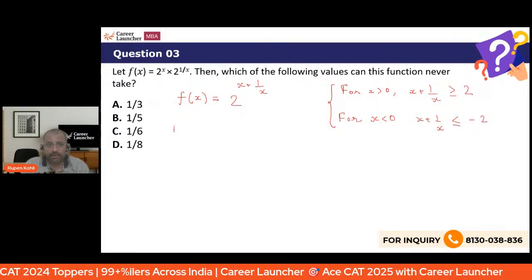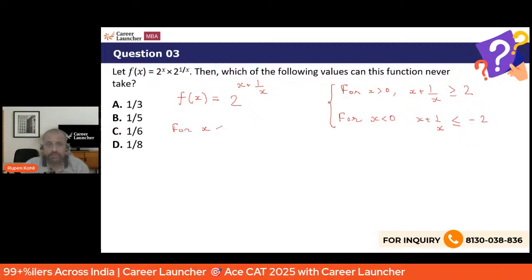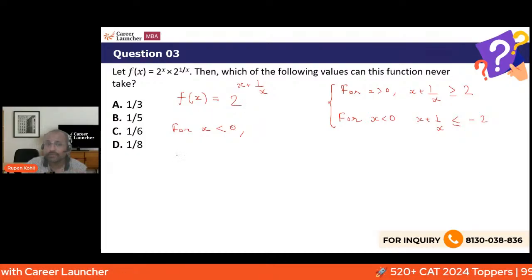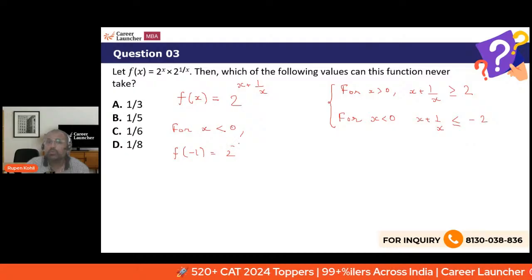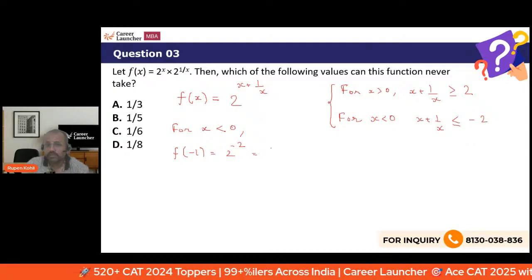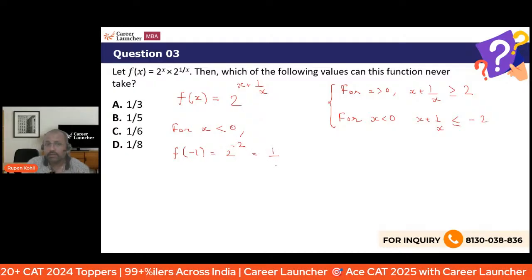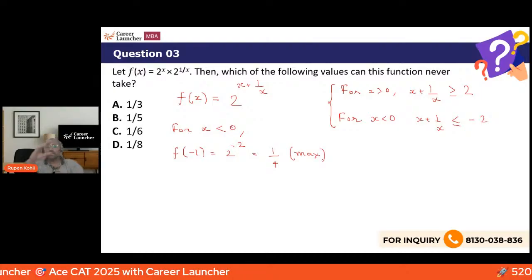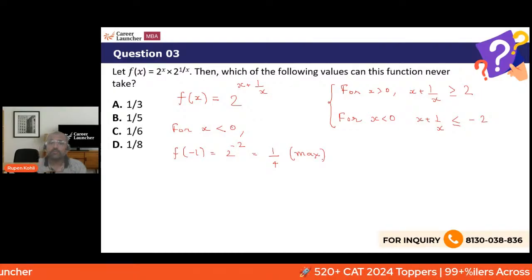So can I say that for negative values of x, the maximum value of this function will occur at x equal to -1, right? So f(-1) becomes 2 raised to power -2, which is obviously 1 over 4, right? And this value of the function, 1 by 4, is the maximum value of the function in the range when the function takes values less than 1, right?